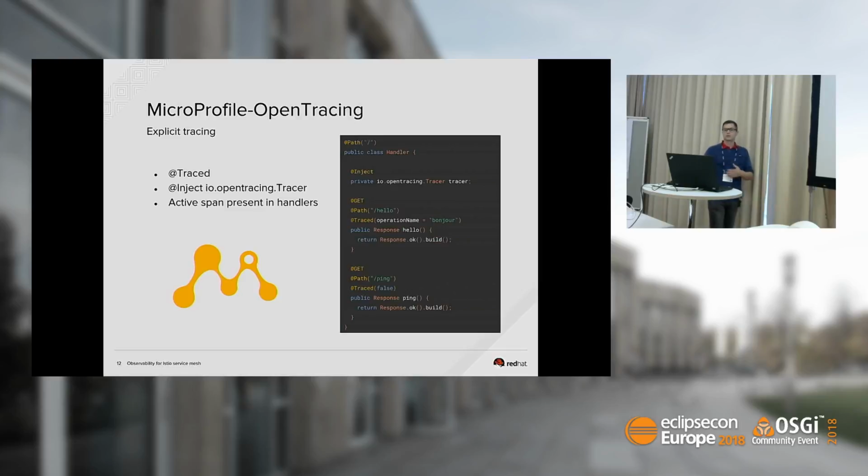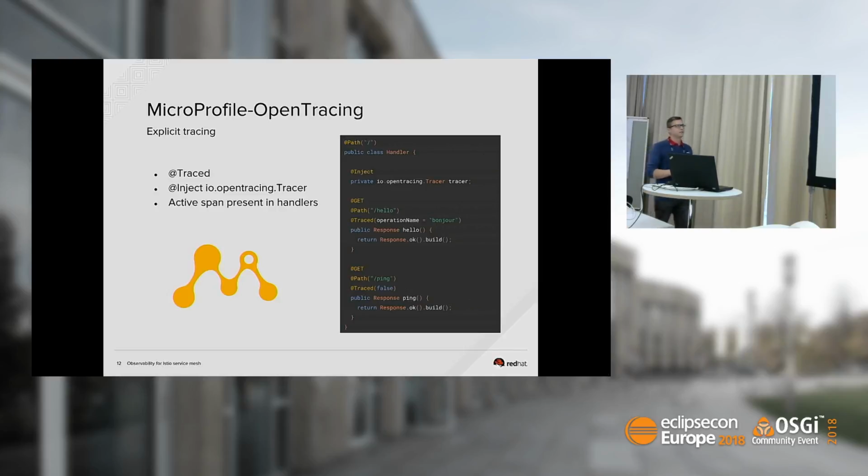Then the other part of the specification is so-called explicit tracing. This allows you to use the OpenTracing API directly inside your code. On this slide, there is this Tracer, which is the OpenTracing interface. You can use it directly to create tracing events, for example, inside your business logic, or you can use it to add additional data, which can then be queried in the tracing backend.